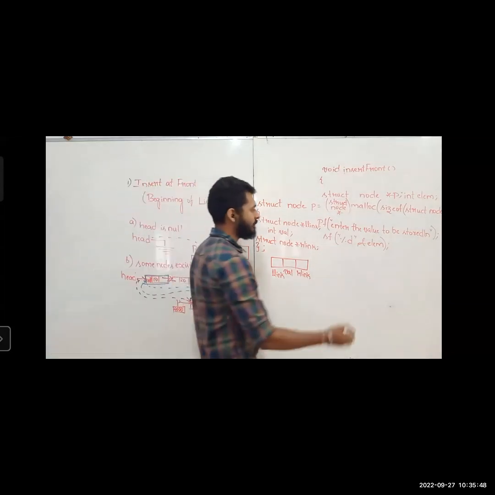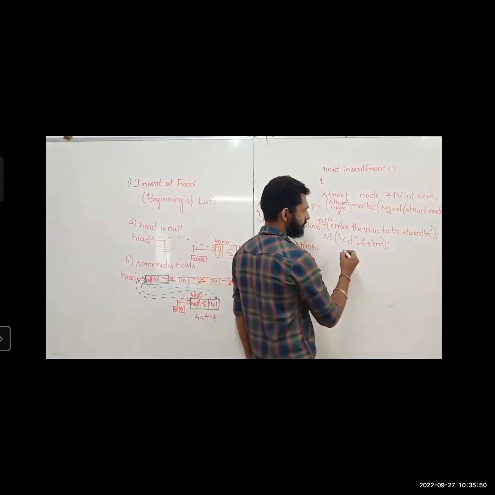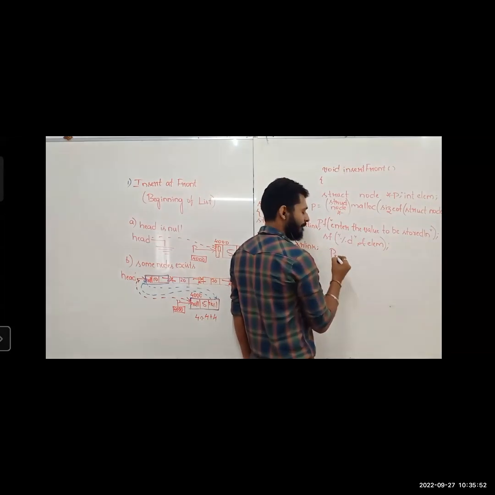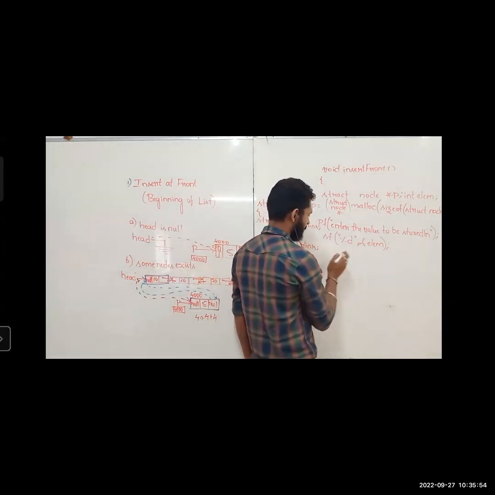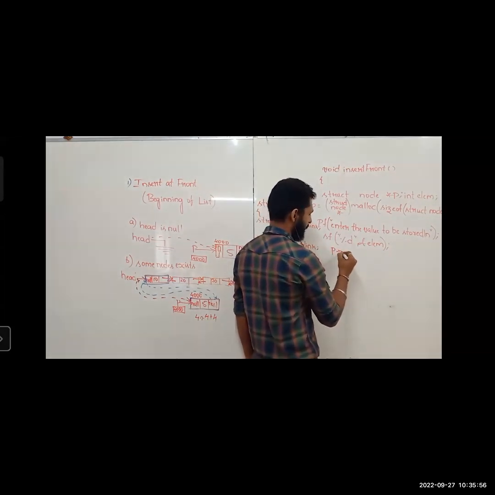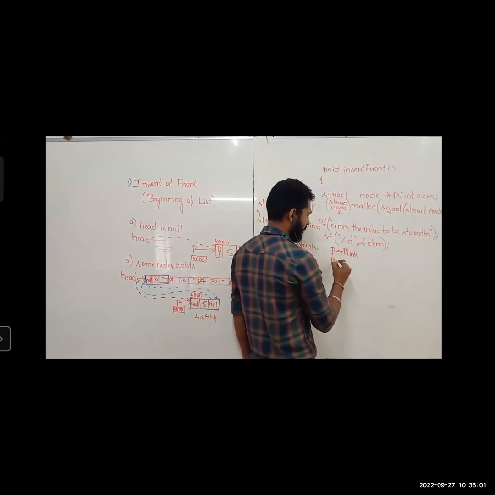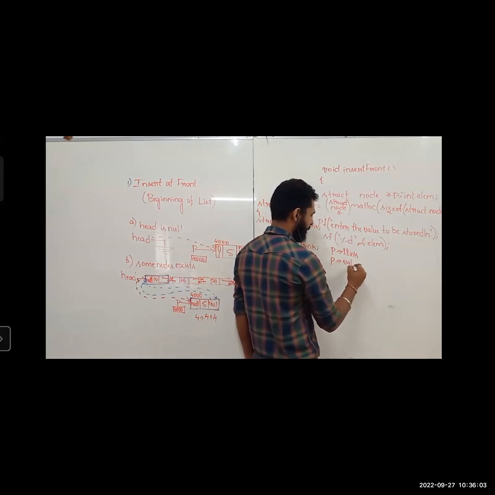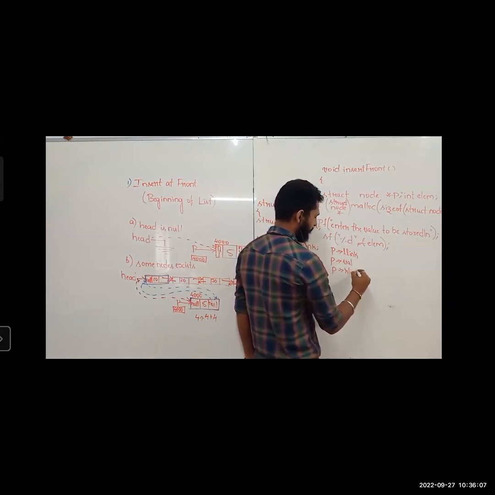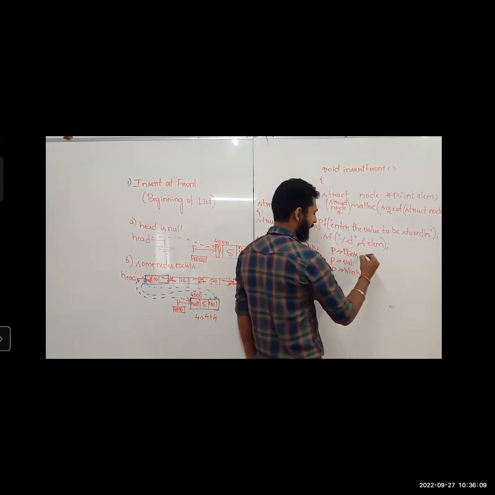Okay. So next what? In P, there are 3 parts. One is P's L link, P's value, P's R link. L link should be filled with what?